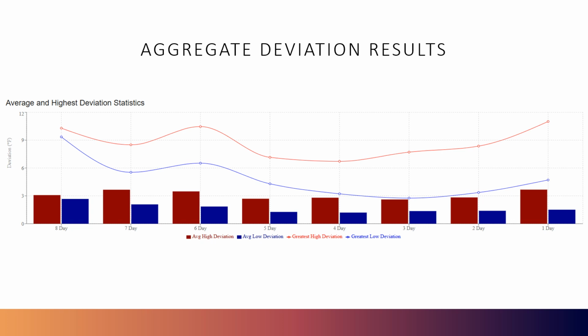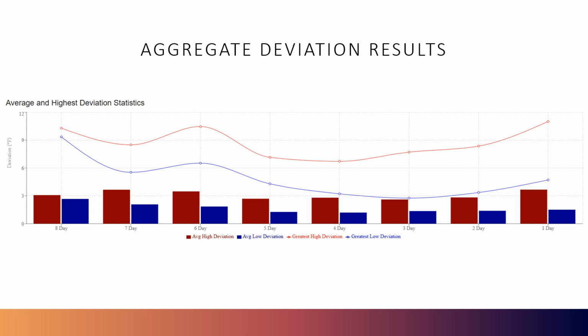For the highs, it pretty much stays around 3. It's about 3 degrees off on average each day, and that doesn't really change, which is really interesting. You would expect it to become more accurate as you get closer to the actual day, but it stays pretty flat for the highs.